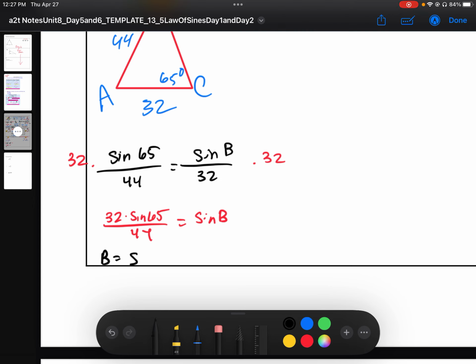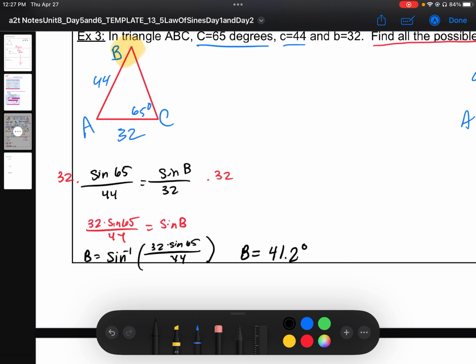So B is inverse sine of 32 times sine 65 over 44. So angle B equals, I'm getting 41.2 degrees. Double check that with your calculator. 32 sine 65. 41.2.